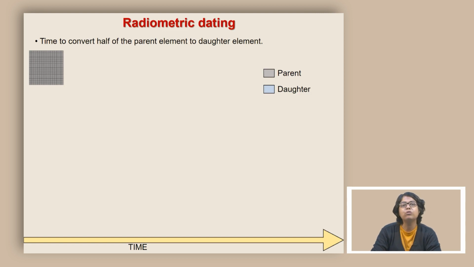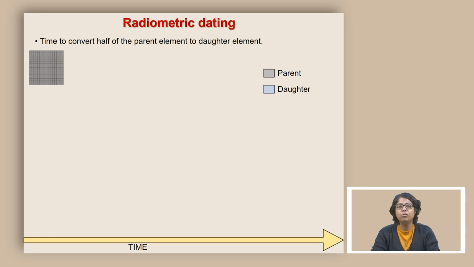So what do we actually mean by half-life? It means at any given point of time, if we start with some number of elements, there would be a fixed time after which the number is going to be half. So half of the parent element would have converted to daughter elements.